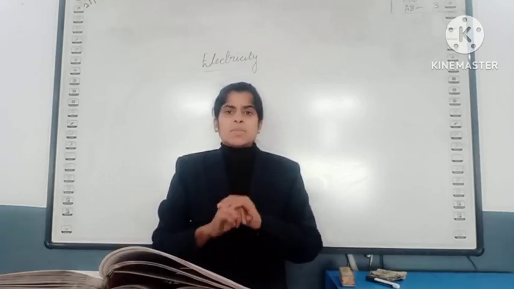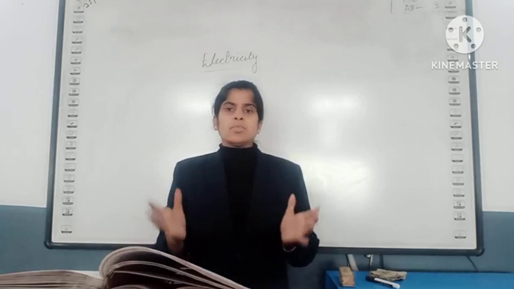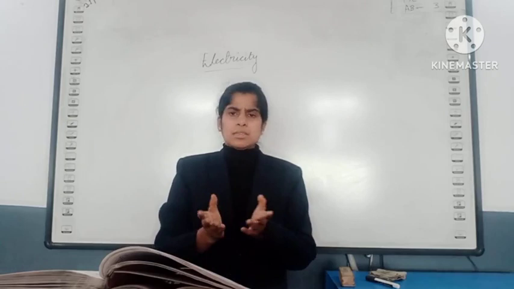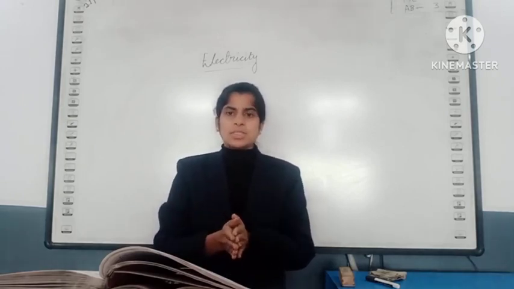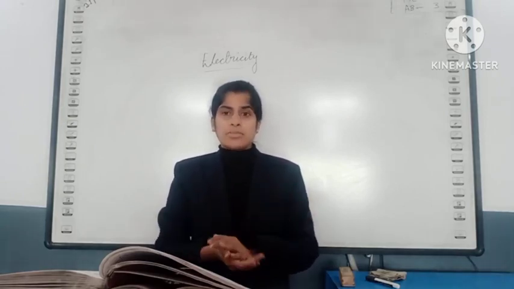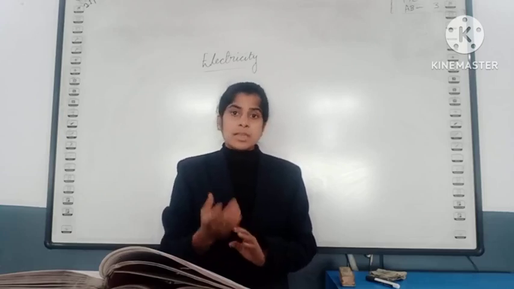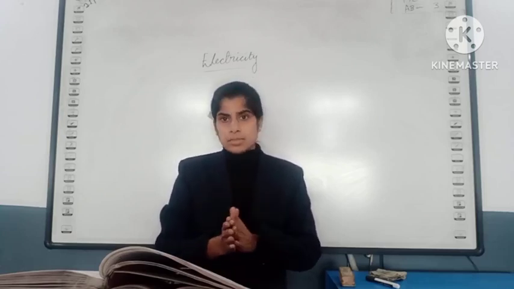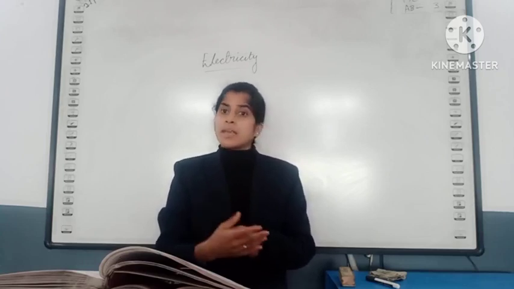You know that almost all the electrical appliances work because of electricity. Now these days it is the most important form of energy. And you know that electricity is also related to magnetism. We already discussed this chapter last year.